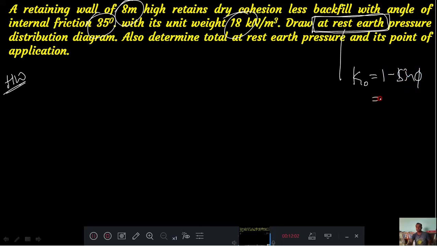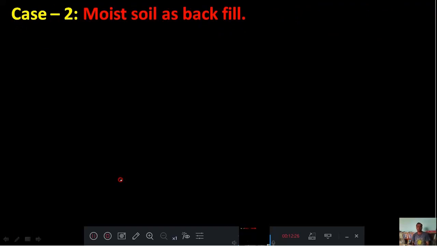Then 1 minus sin 35, the answer is 0.426. You need to take 0.426 and go ahead with the same procedure. Wherever I used Kp, there you use K naught and you will get the answer. Okay, then we will go to the second case.